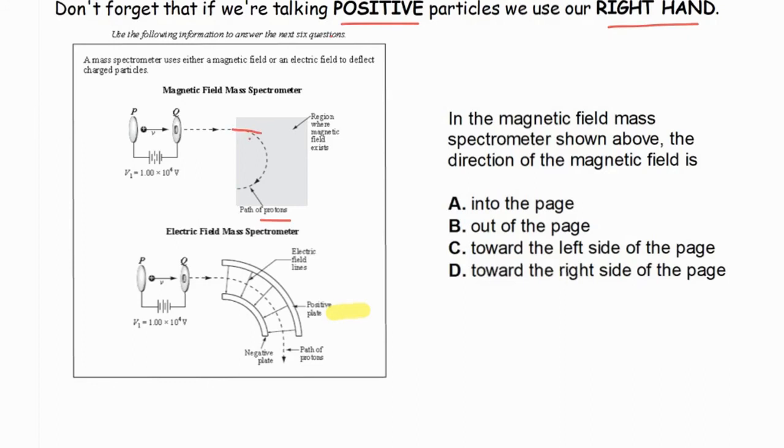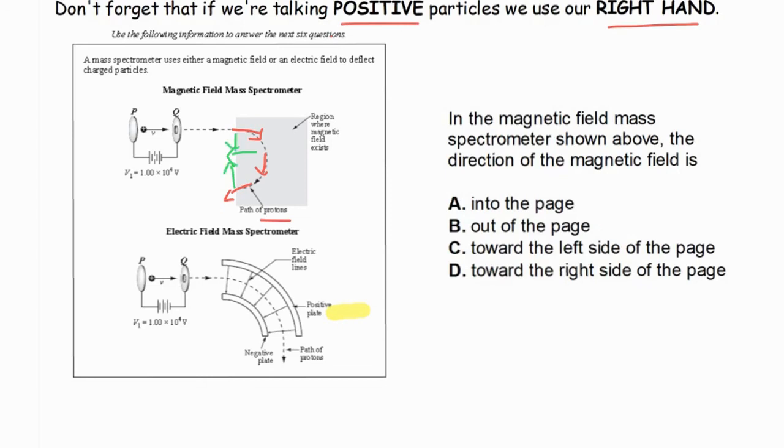My thumb is facing this direction. Now you'll notice that that velocity is changing. We did centripetal force in Physics 20. My thumb now is the direction that the beam is traveling. The other thing I know is the direction of the force. We know that the direction of the force is towards the center when things are traveling in this shape.